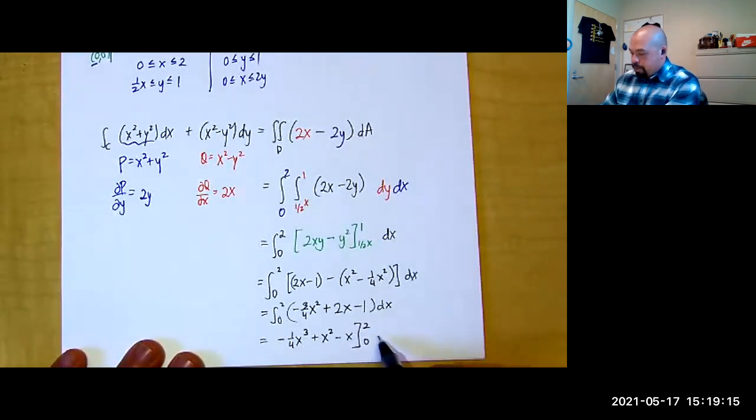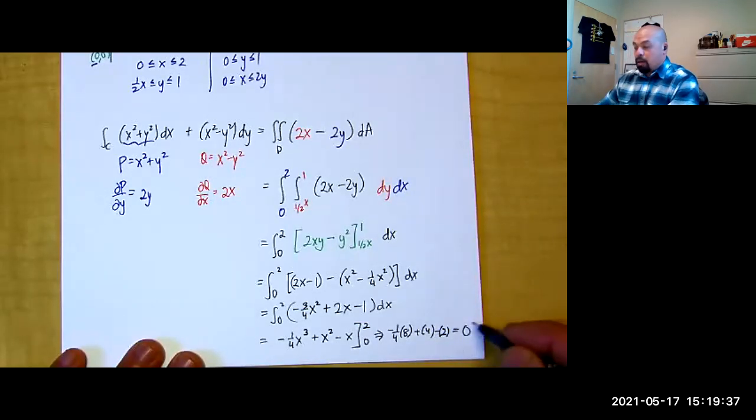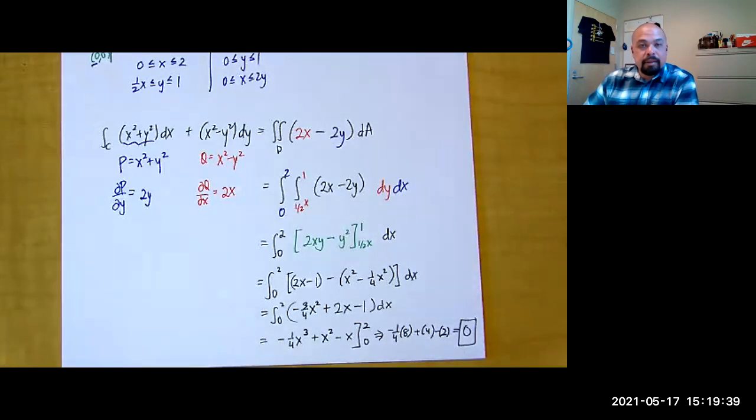Plugging in that 2, we get negative 1/4 times 2 cubed is 8, plus 4, 2 squared, right, minus 2. Negative 2 plus 4 is 2 minus 2. I'm getting 0. Look at that.